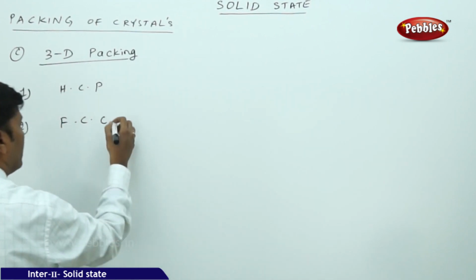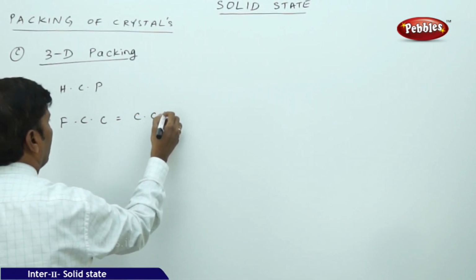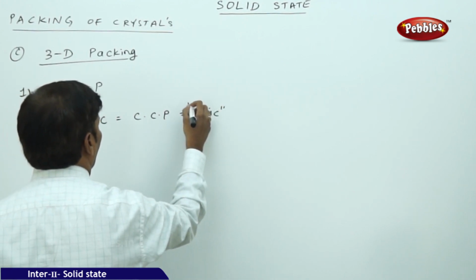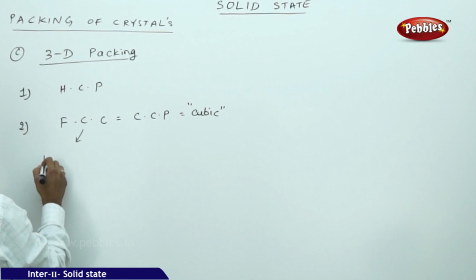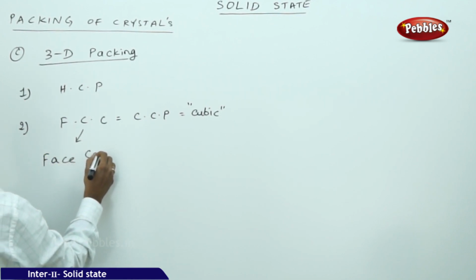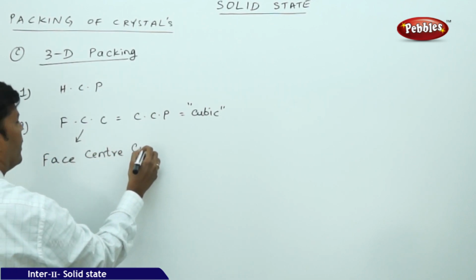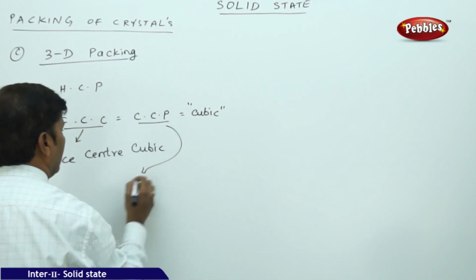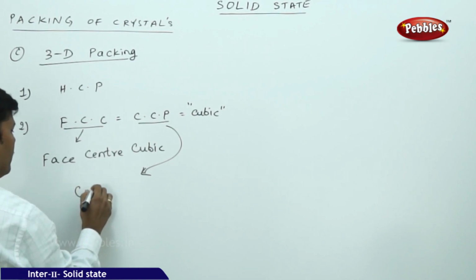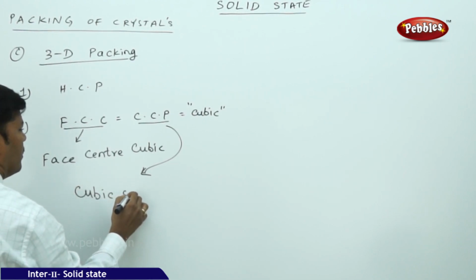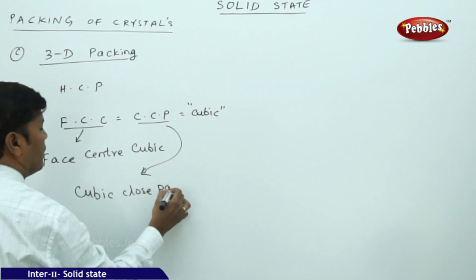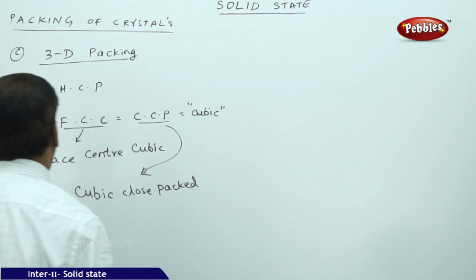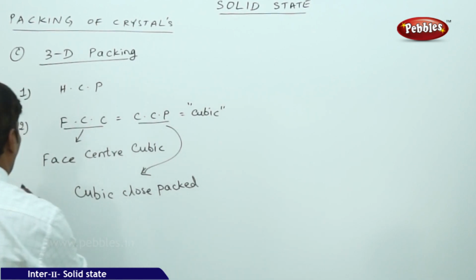This face center cube is also called cubic close packed, which we sometimes simply call cubic. So here FCC means face center cubic, and CCP means cubic close packed.